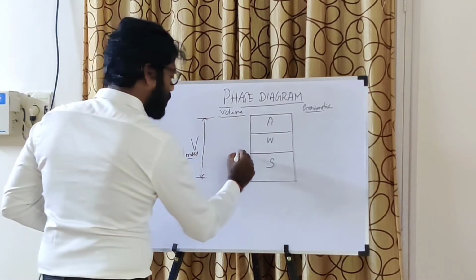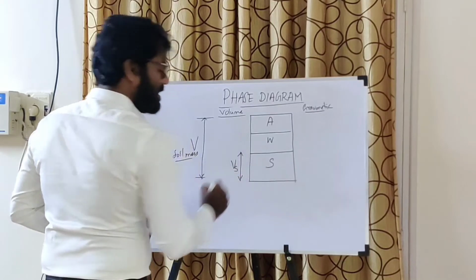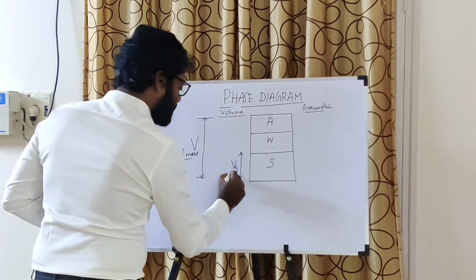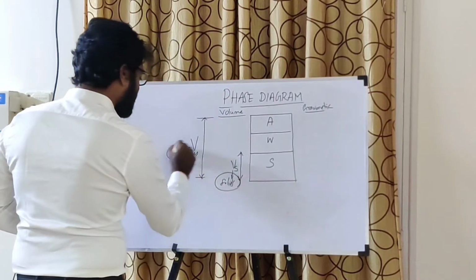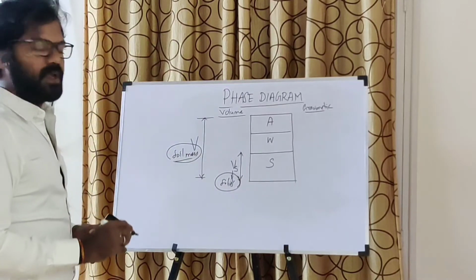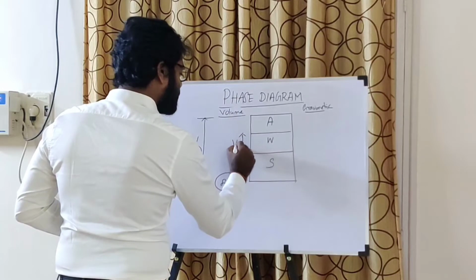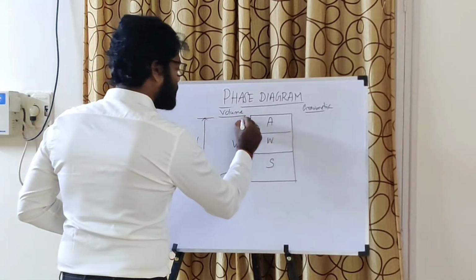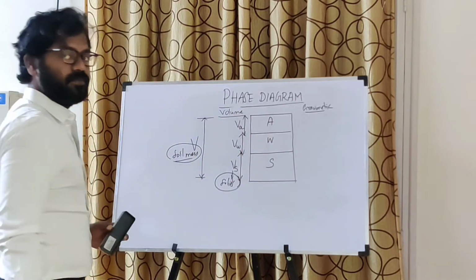Then comes your solids. That will be given as Vs, the volume of the solids present in the soil mass. So this is solids. You have to understand the difference between solids and soil mass. Then comes your water, denoted by Vw, volume of water. Then comes air, Va, volume of air.